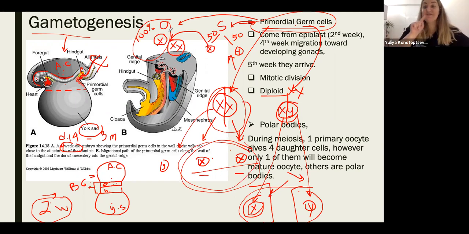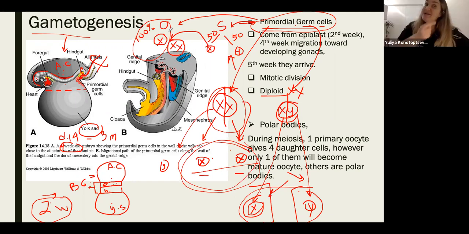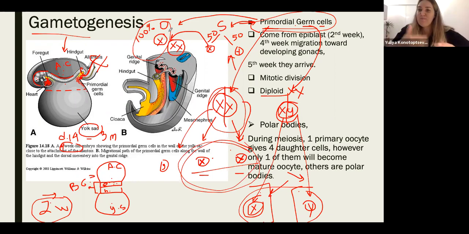If you say XX, it means diploid. But oocytes are haploid, so they can only have X, just the single X. That's what makes them haploid. So every single oocyte, inside the nucleus of the oocyte, there's one X chromosome, that's it.